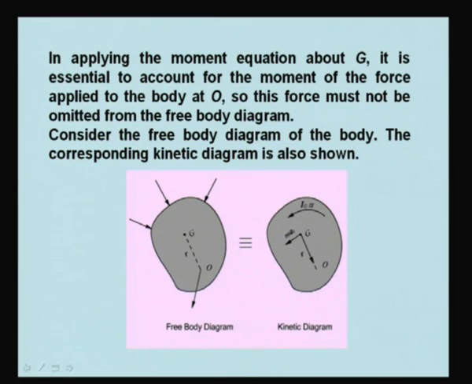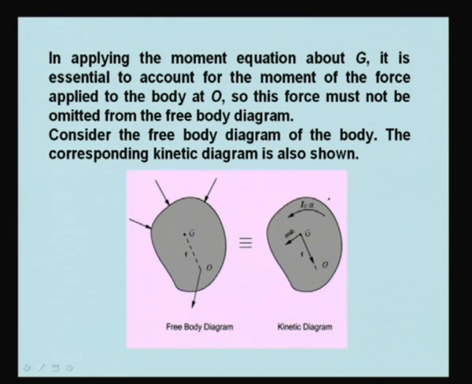Now consider the free body diagram of the body, say for example this thing. The body is acted on by these forces and it was fixed at O. There must be some reaction force acting. That force also has been taken into account here, this is the R and this is G. Now we make the equivalent kinetic diagram.